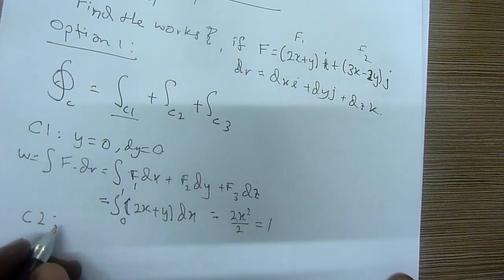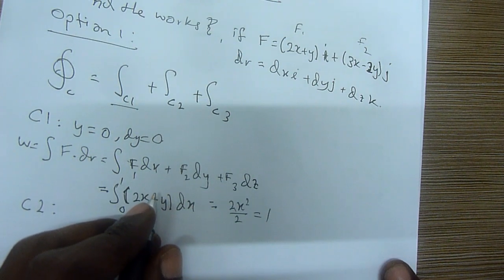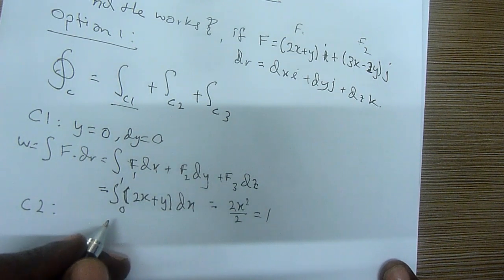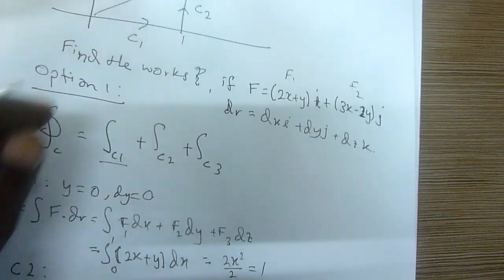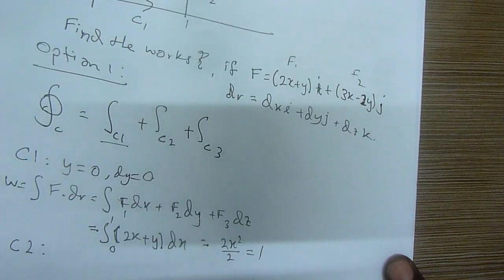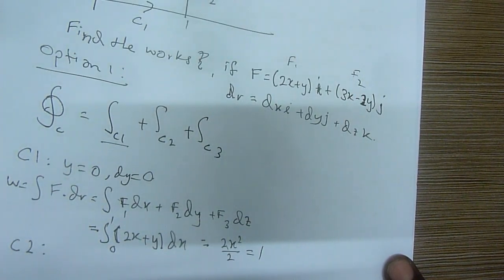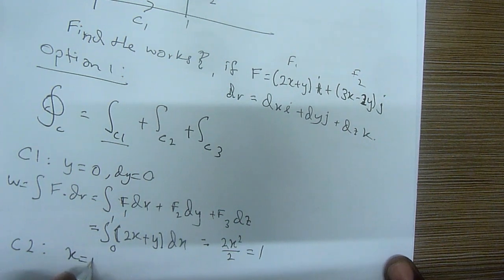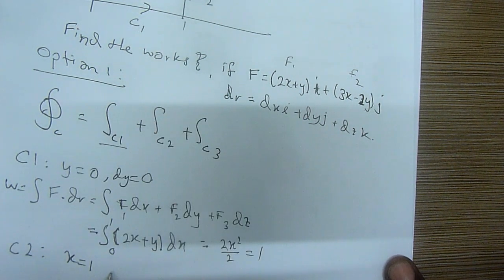For C2, we apply the same method, but I'm not going to repeat the work again. This is the same work, and x equals 1, because I calculated earlier that dx is 0.